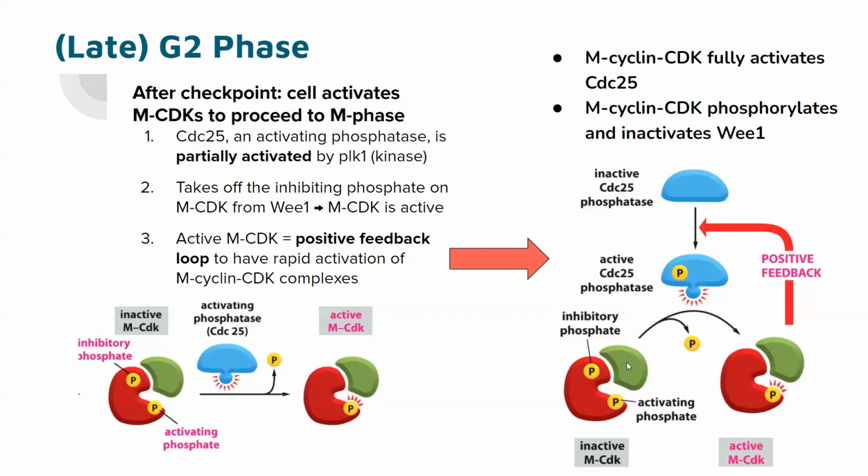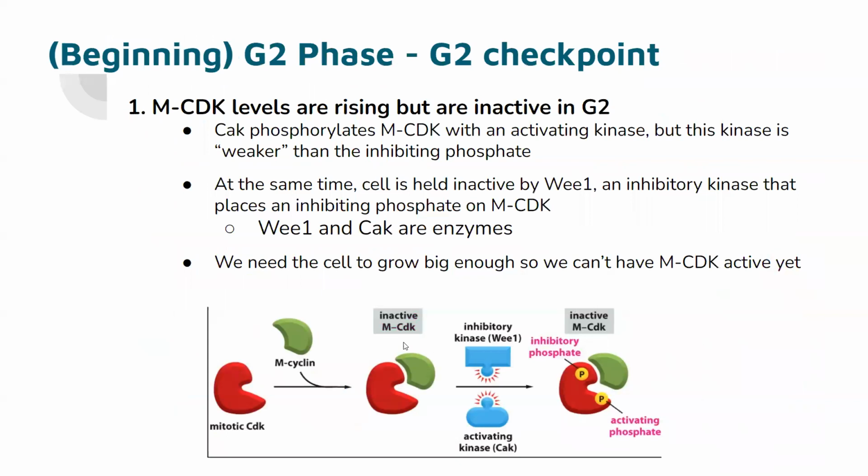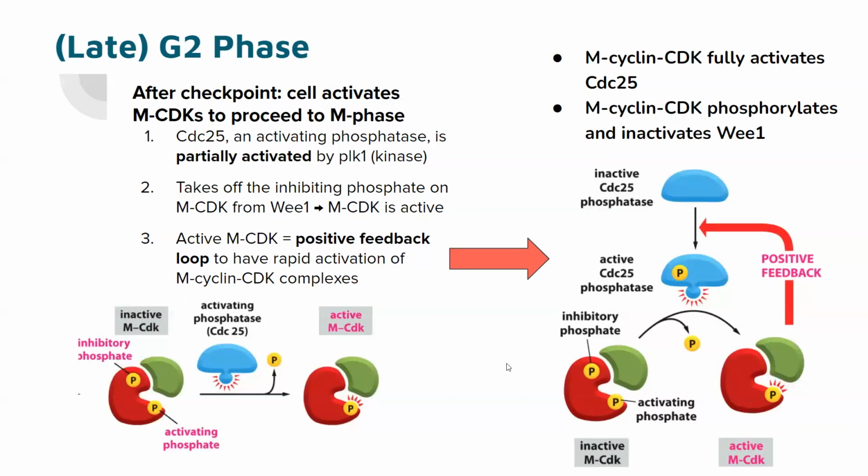And this cycle keeps going on and on until the levels reach high enough. Oh, and the other thing that it does is that it inactivates WEE1 from the previous slide, so it's no longer going to be adding these inhibitory phosphates.